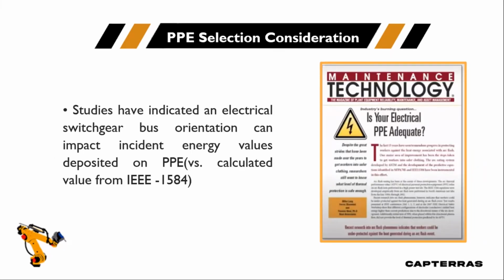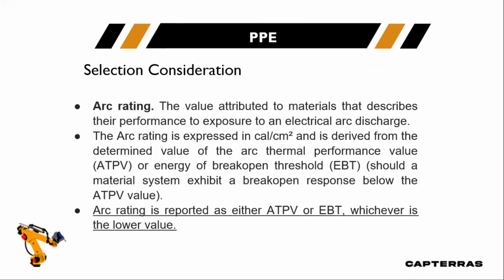A study has indicated that electrical switchgear bus orientation can impact incident energy values deposited on PPE versus the calculated value from IEEE 1584. Arc rating is the value attributed to materials that describes their performance to exposure to an electrical arc discharge.